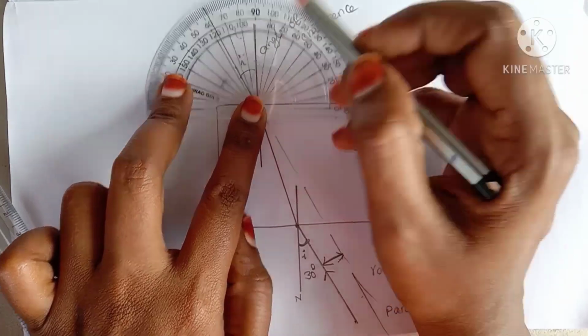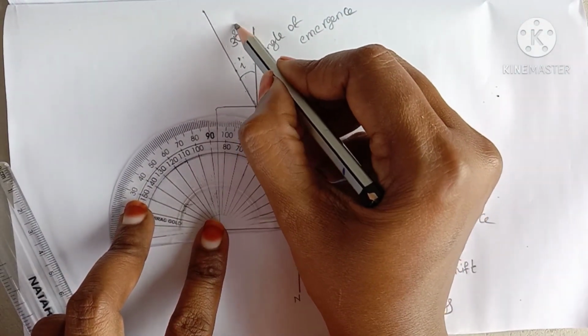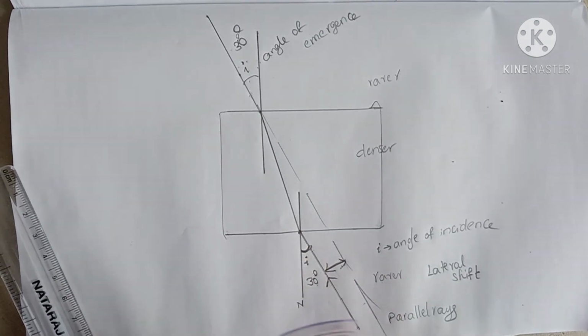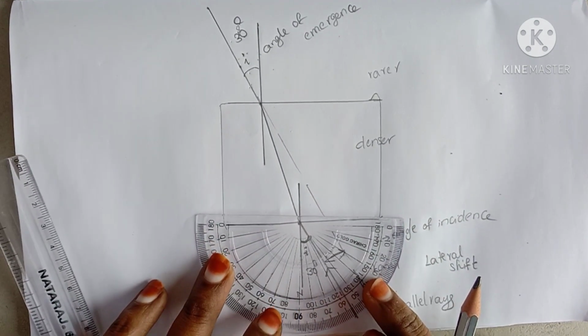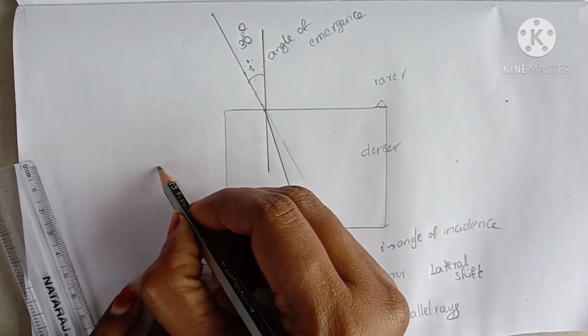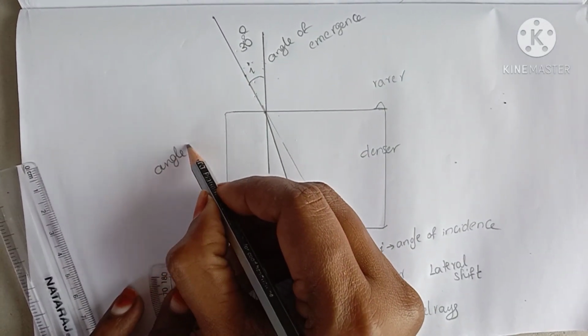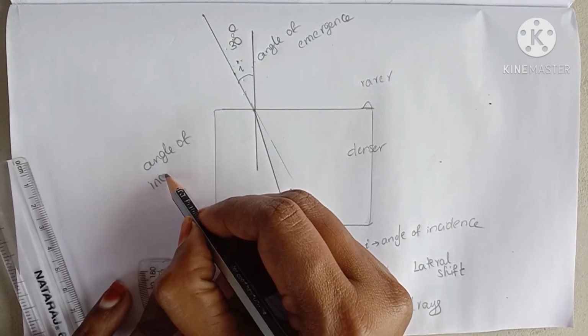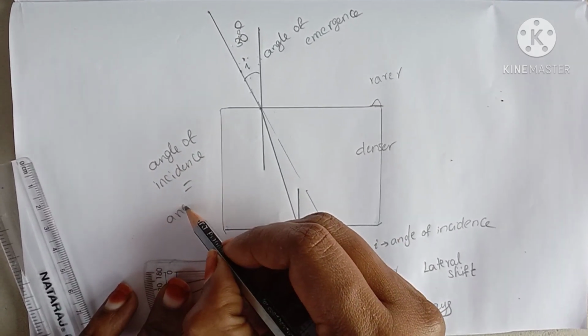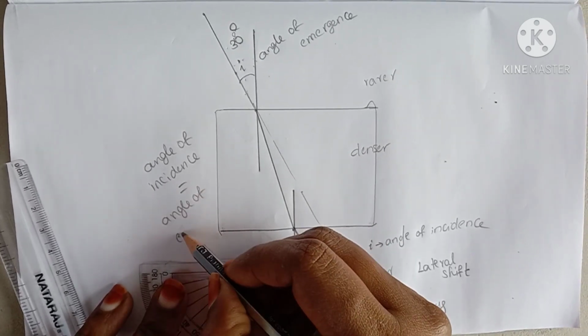So here also we are getting 30 degrees. 90 minus 60, how much? 30. So once again check whether it is 30 or not. Yes, 30. And the angle of emergence is also 30. That means the final conclusion is that the angle of incidence and angle of emergence are equal.